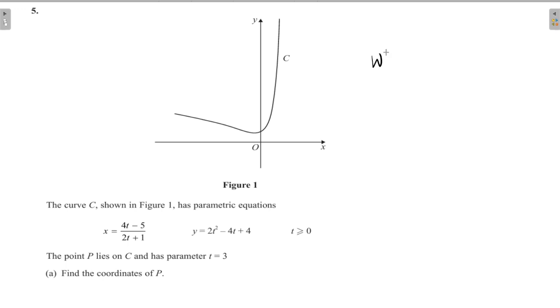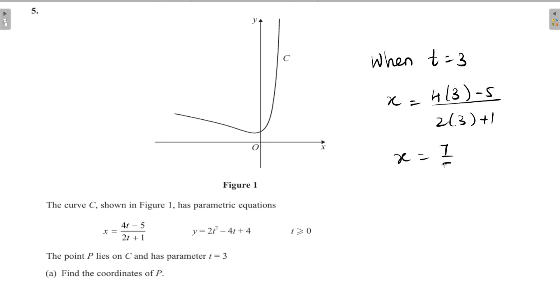So when t equal to 3, the x coordinate is 4 times 3 minus 5 divided by 2 times 3 plus 1. So x equal to 12 minus 5 is 7, 7 by 7 which is equal to 1, the x coordinate.